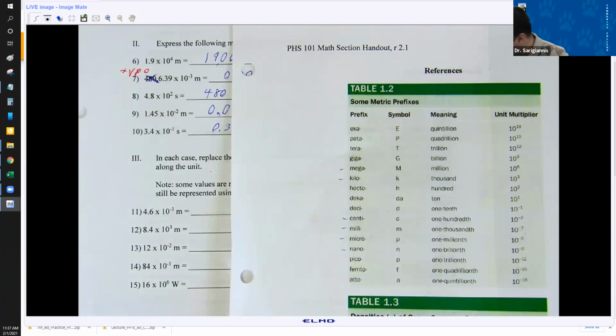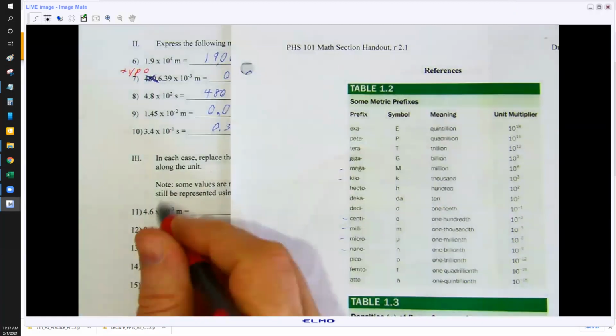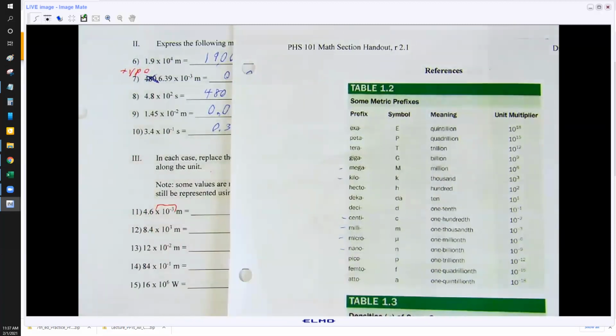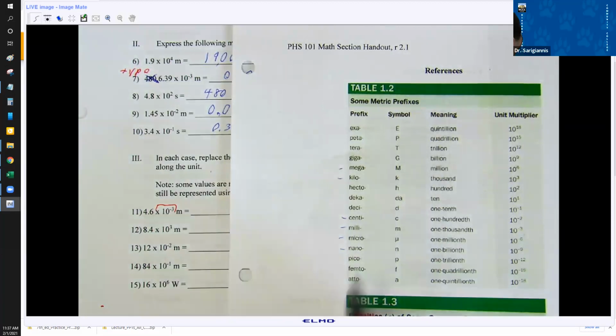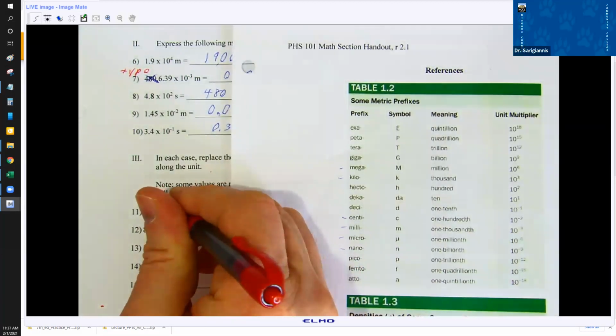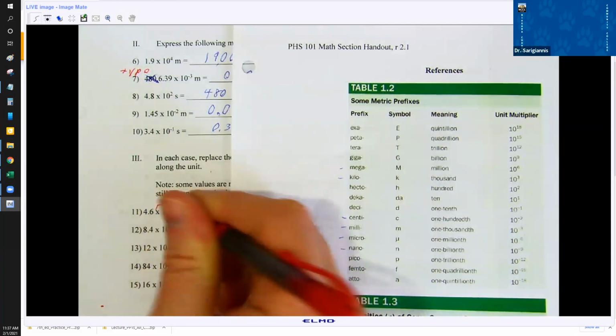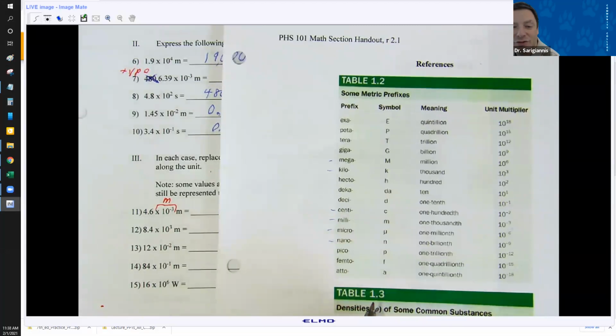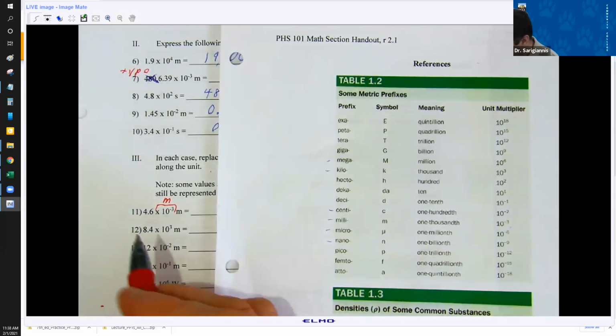All right, so why don't I go through. 10 to the minus third, this is the milli. In fact, while I've got this table up, before I write them down, let's just call out the prefixes.